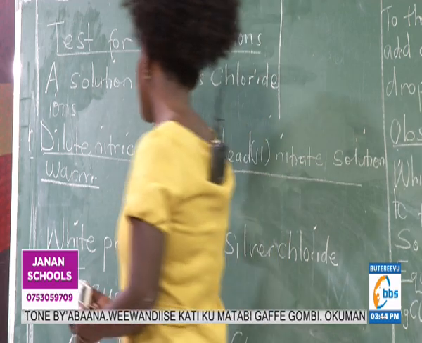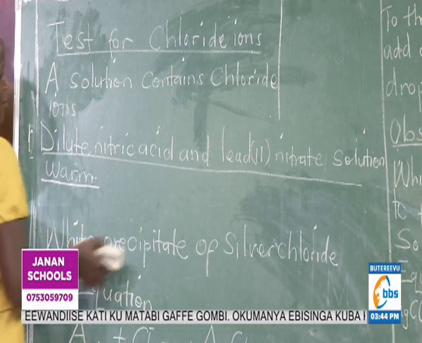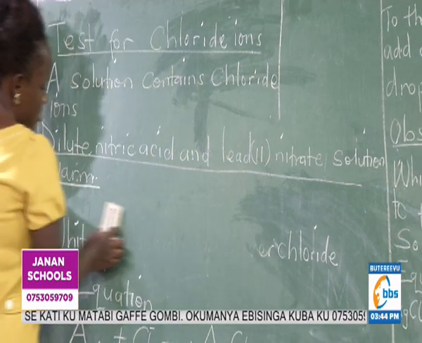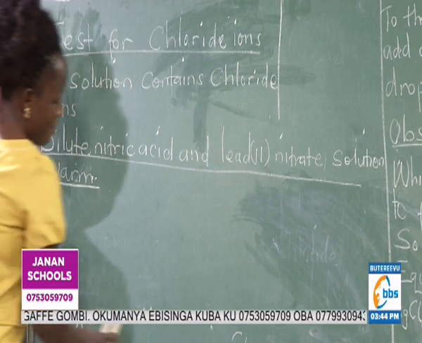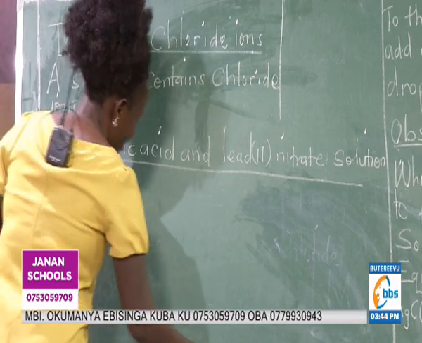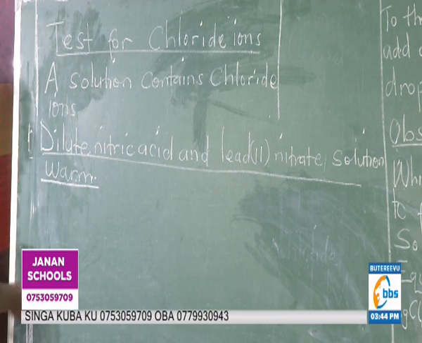So what do we observe? Still, you'll use 2 drops. You may also use here like 1 centimeter cubed. And then you observe. After you've observed, what do you find? You find the white precipitate, which dissolves on warming.